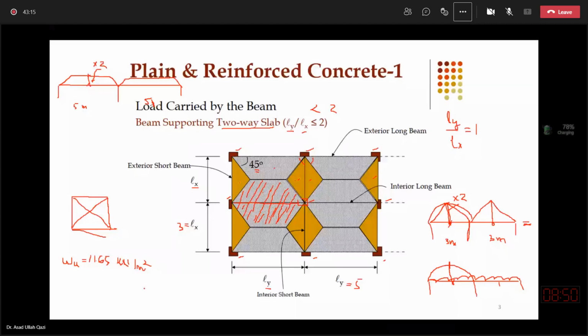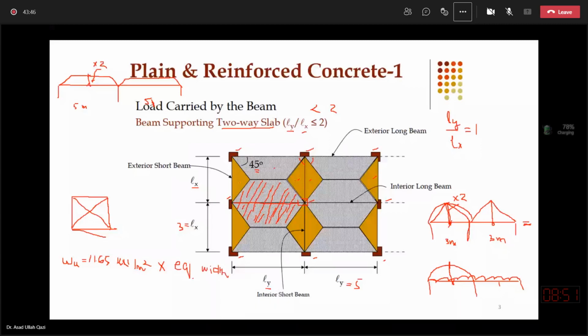So we will get the same ultimate pressure on this slab, 11.65 kilonewton per meter square. Now the question is how to convert this pressure into UDL for this interior long span beam. So I must multiply this pressure with such an equivalent width, which will convert this pressure into equivalent UDL.